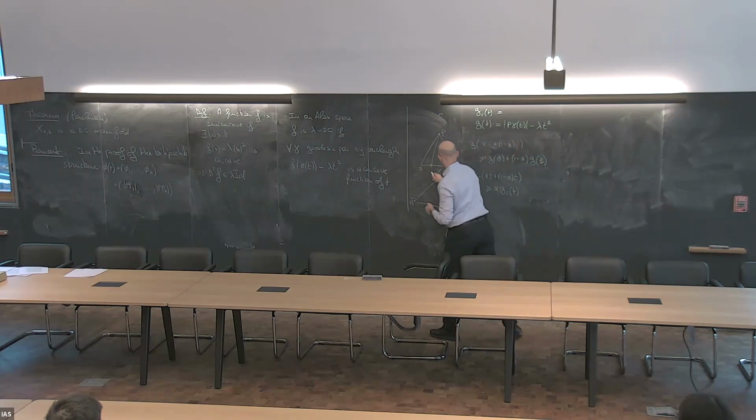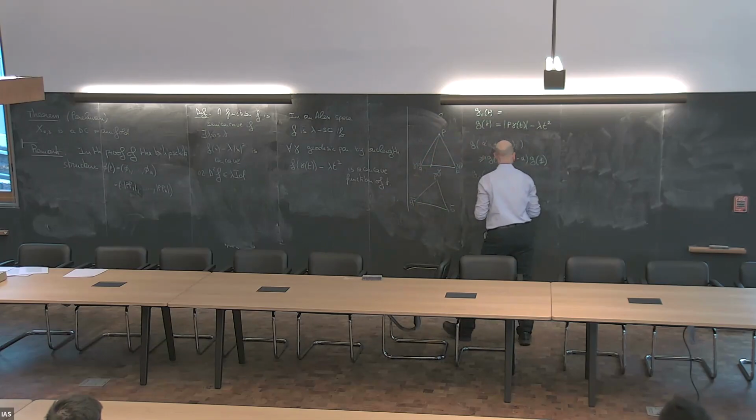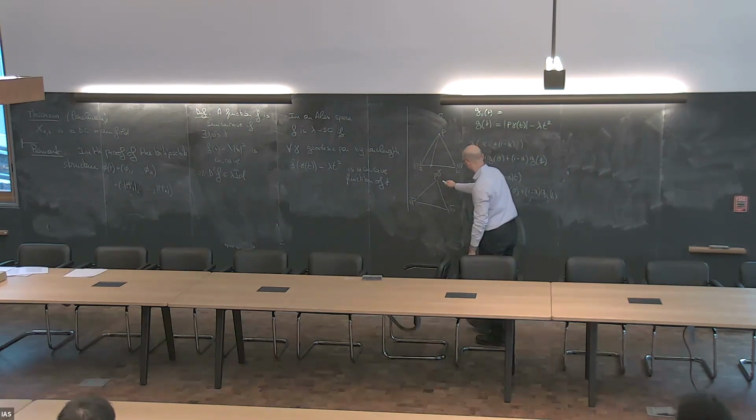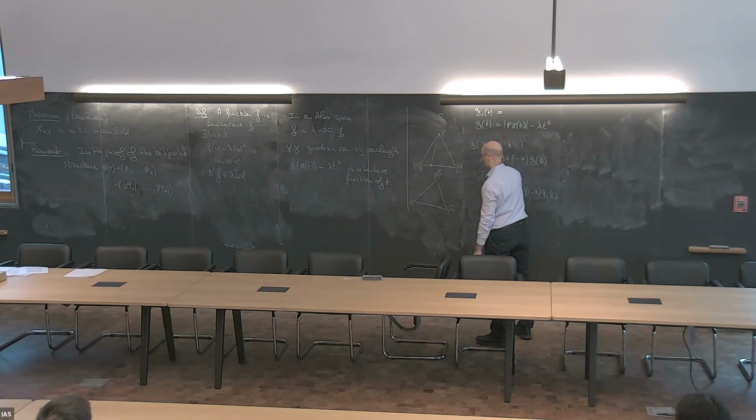Here is gamma of 0, this one is gamma of 1. But exactly because of the comparison, this thing actually happens to be exactly equal because the two segments are equal, whereas this inequality is going larger than that inequality.